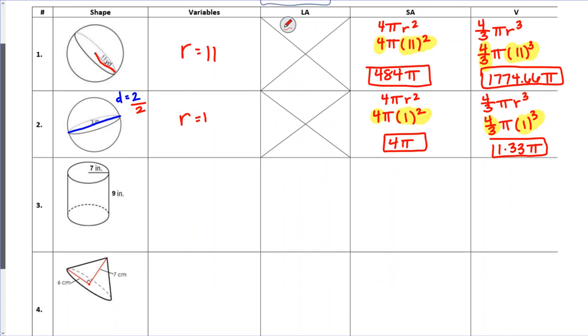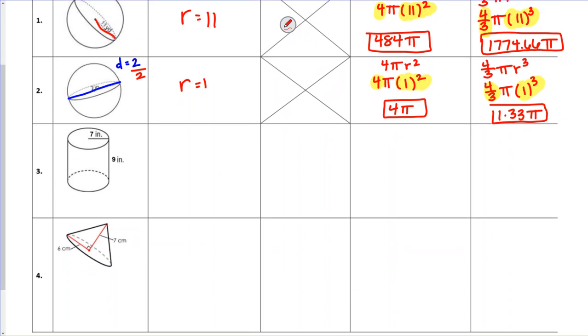Problem number 3, we're dealing with a different shape. We're dealing with our cylinders. And for a cylinder, you need to have your radius and your height. So looking at our picture, we have our radius. It's that short line in the circle, 7. We have our height, the one that connects the two circles, 9. Cylinders do have an LA, and that formula is 2 pi r h.